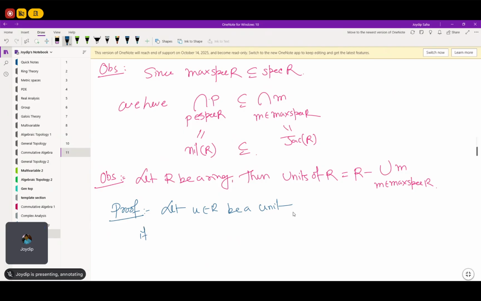If so, there exists v belongs to R such that uv equals 1.